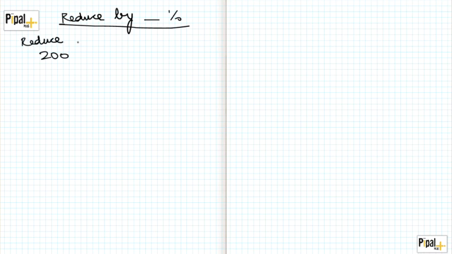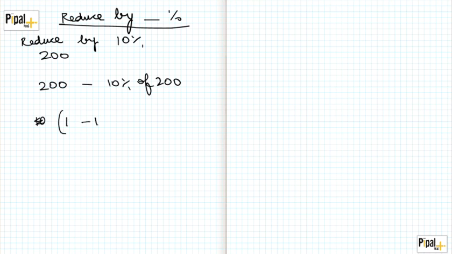Now, let's look at reduce by a certain percentage, right? Let's start with 200 and I'm asked to reduce 200 by 10%. So this computation is from 200 subtract 10% of 200, but if I do it like I did for the increase something by x%, let me just take 1, right?